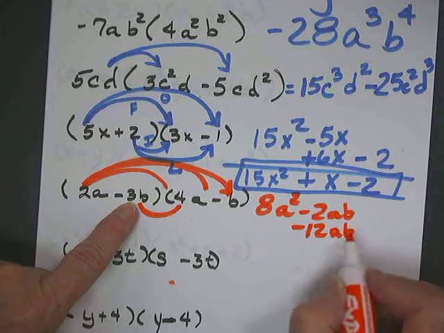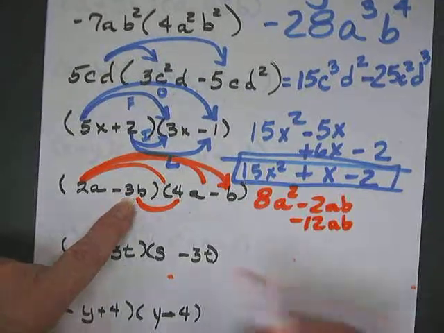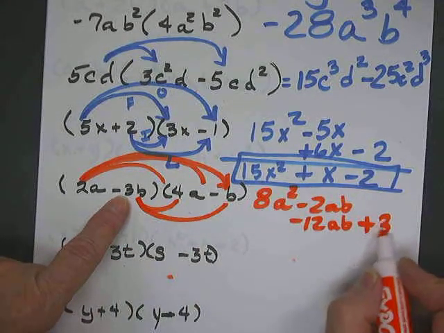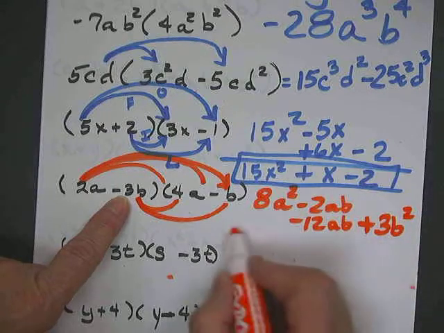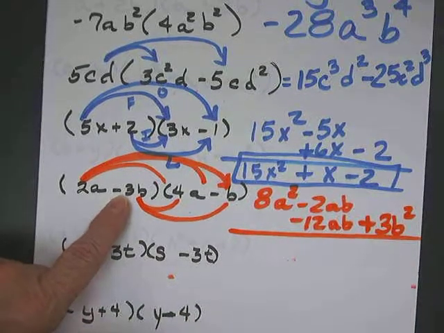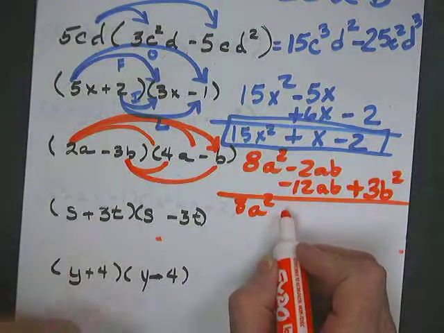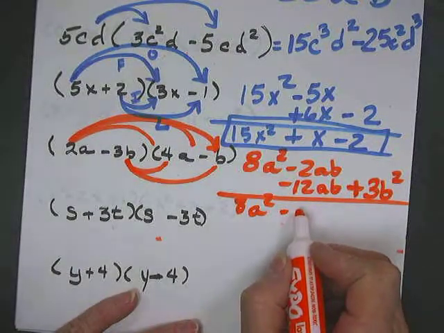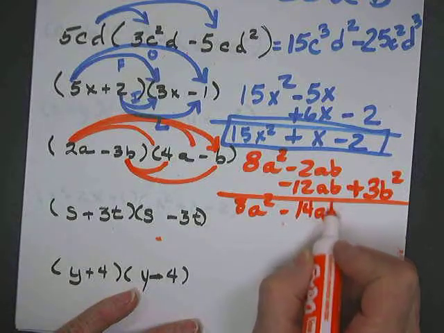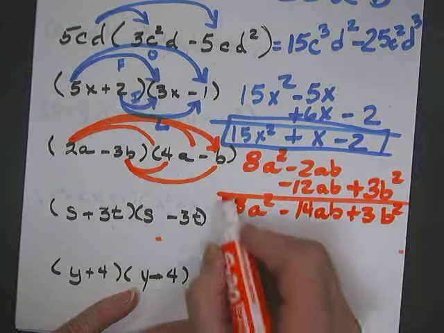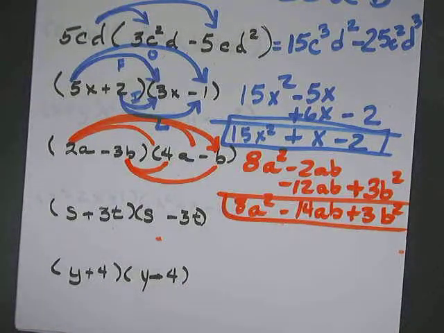Inside, minus 12ab. And last times last. So you have 8a squared minus 14ab plus 3b squared.